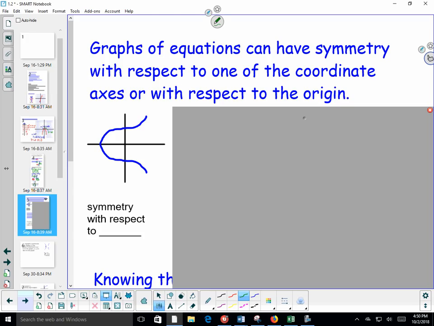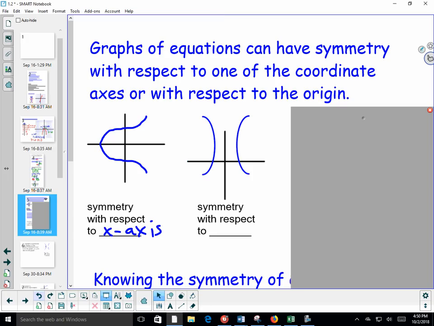Well, in this case, this is going to be symmetry with respect to the x-axis. This x-axis is looking like a mirror, and we've got half the picture above and a mirror half below. So this is symmetry with respect to the x-axis.